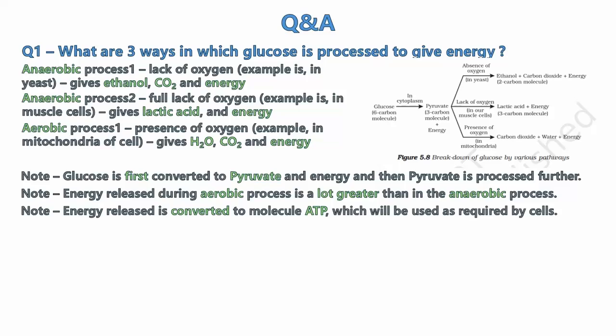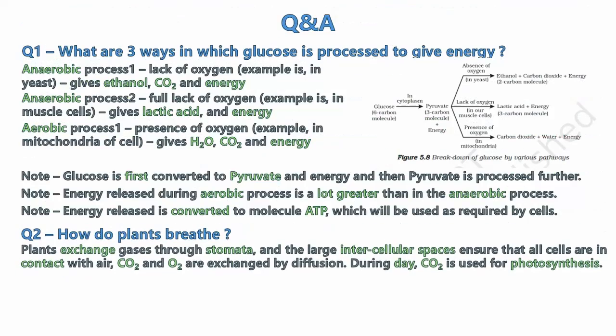So the energy generated is converted to a molecule which is called ATP. Okay, its name is ATP, and this ATP molecule will be used by the cell for its actions like regeneration, growing, and all other energy needs of the cell.